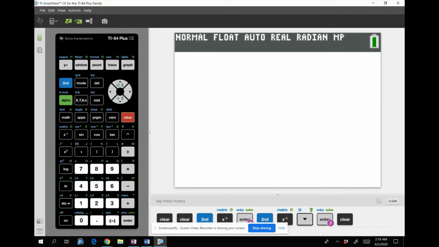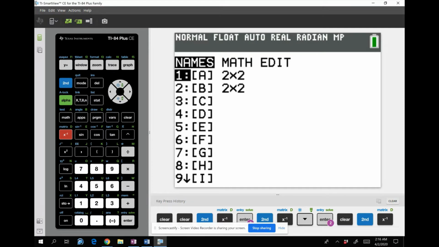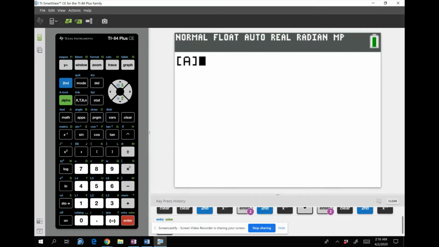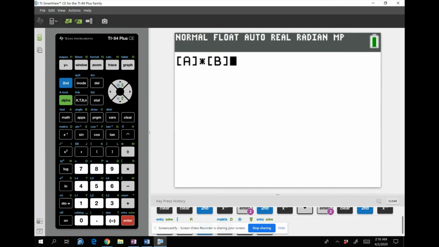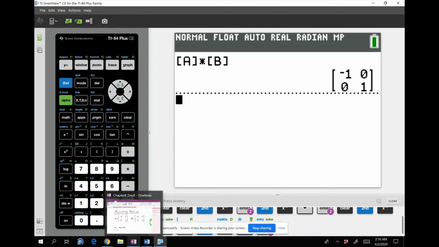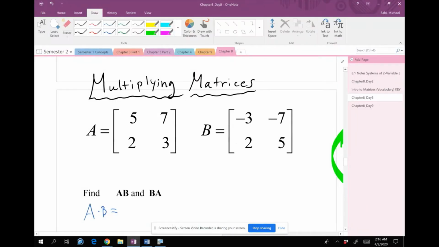You would input them using the matrix edit function, and when you want to multiply them, you just choose matrix A times matrix B. And oh, that's pretty cool. It almost looks like it's in reduced row echelon form. Almost, but not quite.